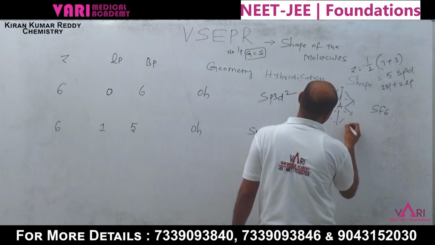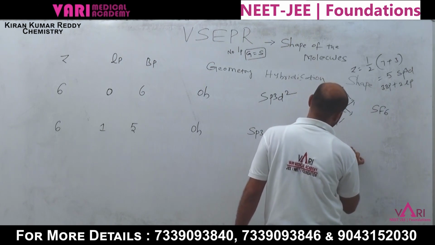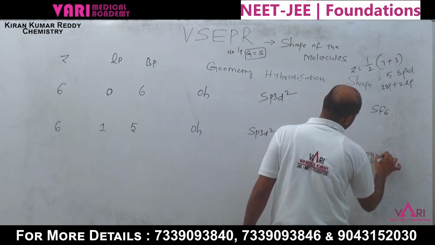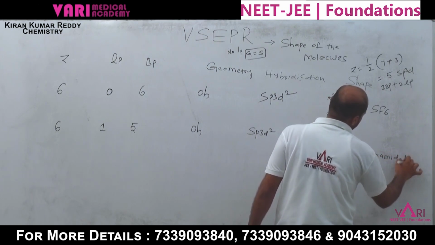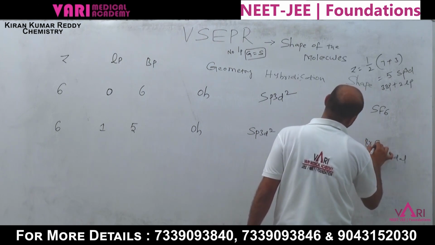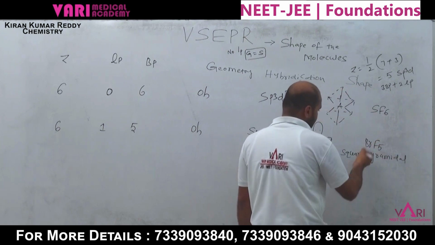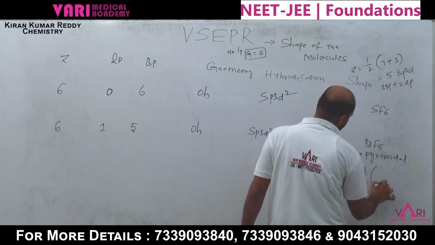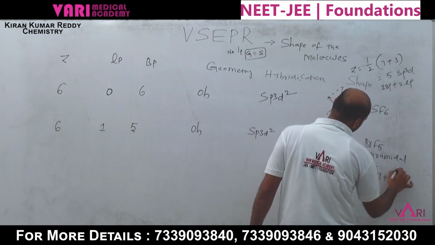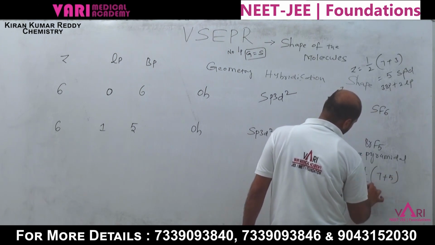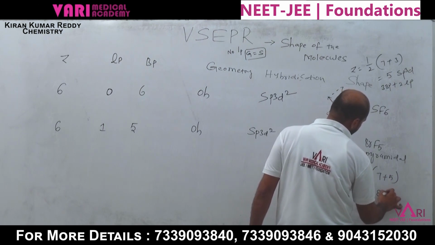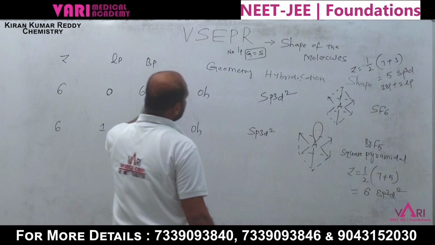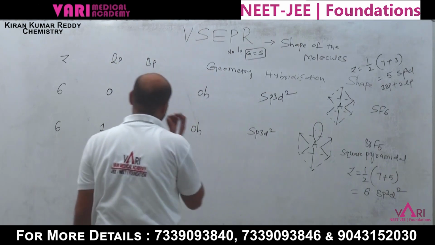Here is octahedral, here is square pyramidal shape. BrF5. Is it correct or not? We can check. Z is equal to half of bromine 7 plus 5, that is 12 by 2, 6, sp3d2 hybridization. Yes, sp3d2 hybridization, this one, square pyramidal.